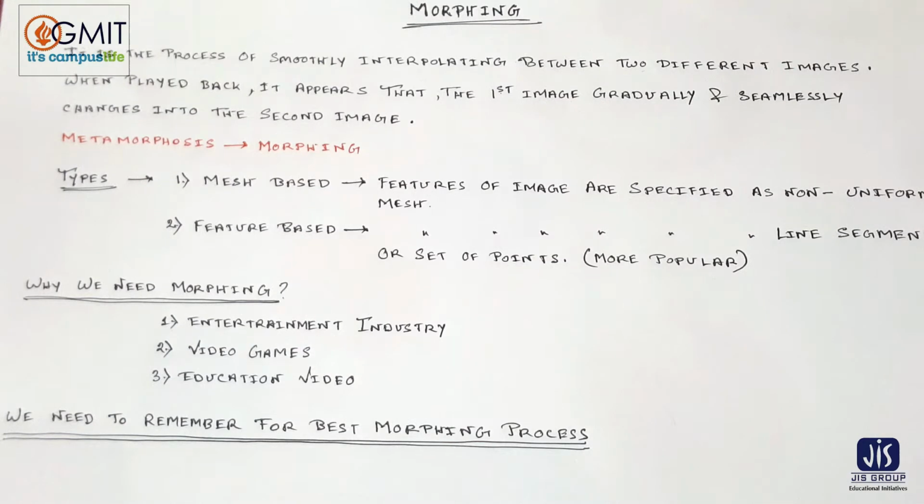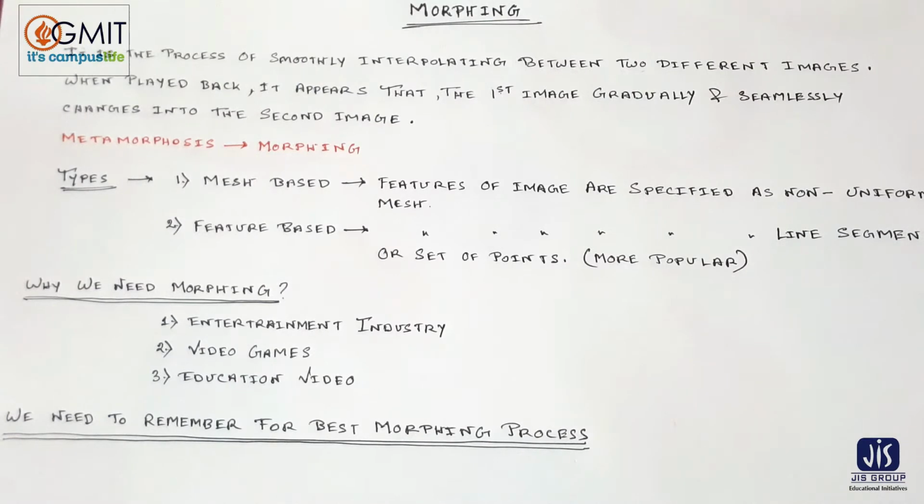Interpolating means changing from one to another, from within two different images. As an example, you can say a tiger is changing into a bike.